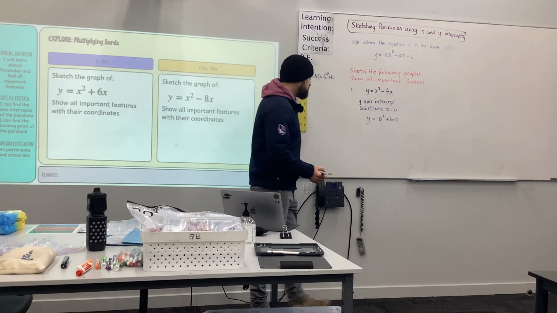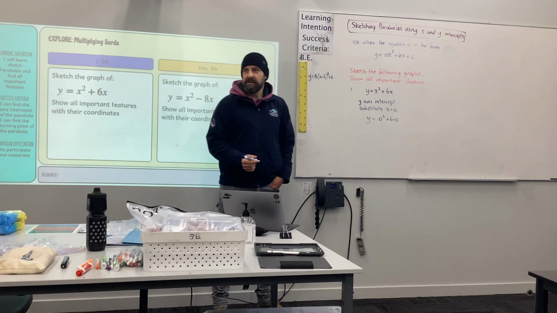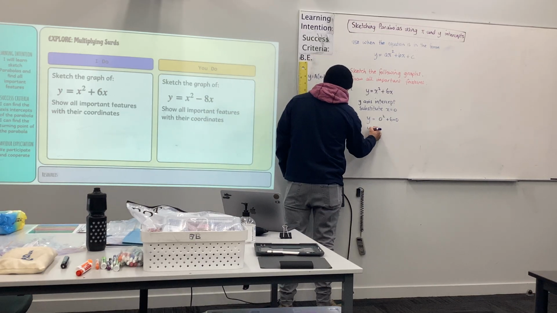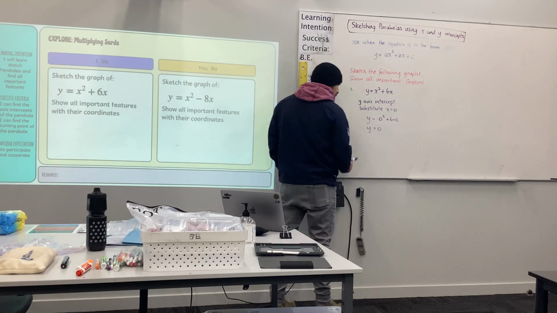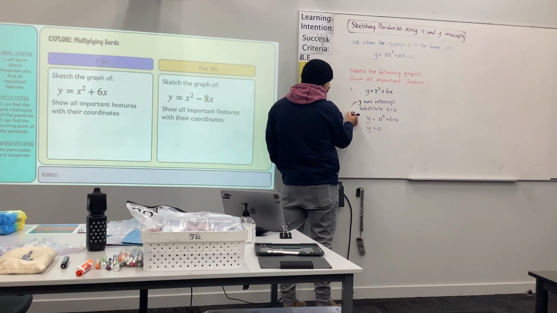What's 0 squared? 0. And then what's 6 times 0? 0. So this is just y equals 0. So this will be my y-axis intercept.